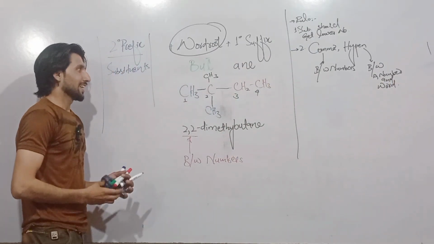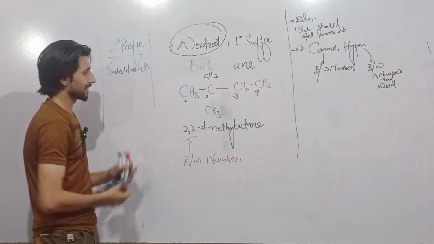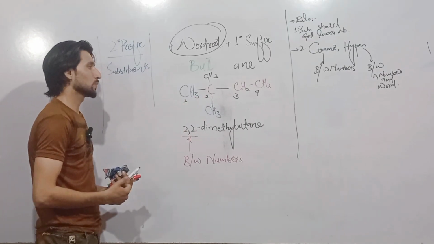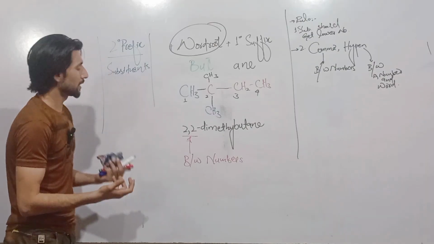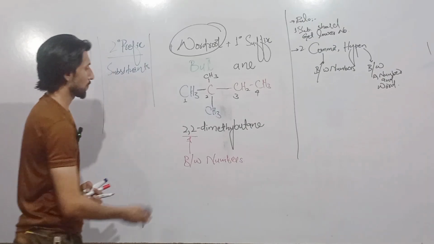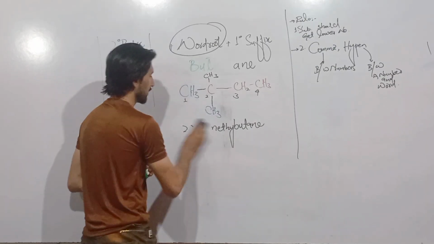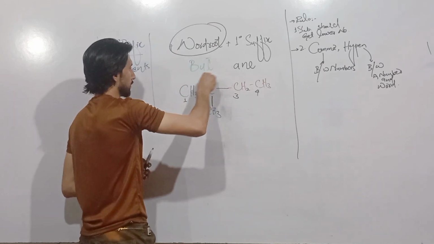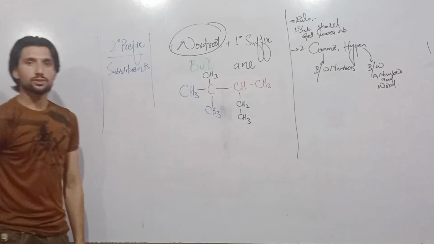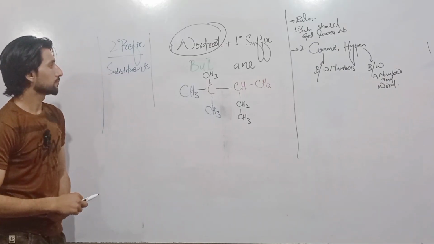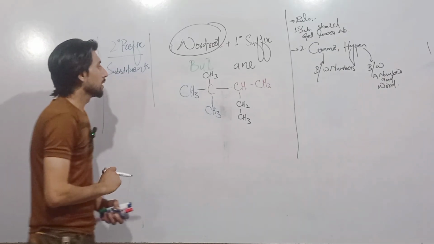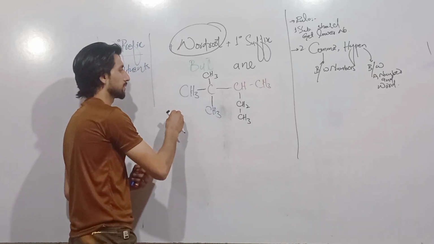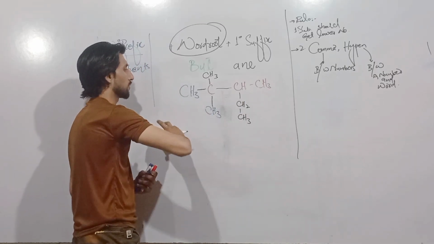Okay, now I will change this compound a bit and ask you to please name that compound for me. I will rub this off and change a bit in this compound. You must try naming this compound. Now, what you should do in this case is write the numbers from both sides.